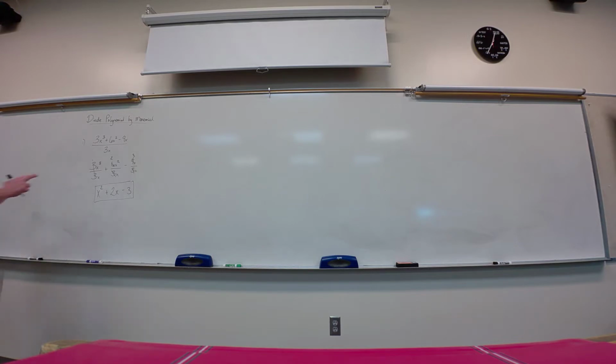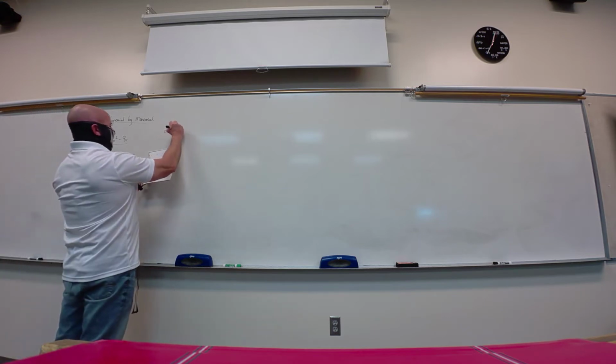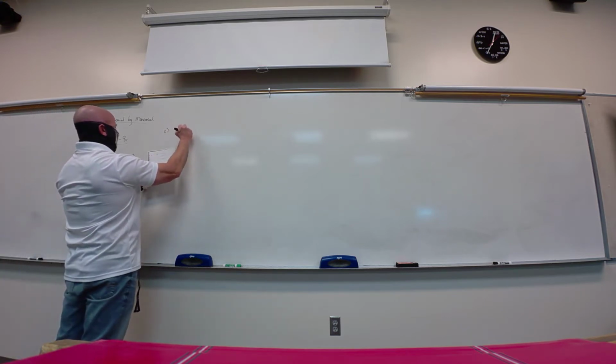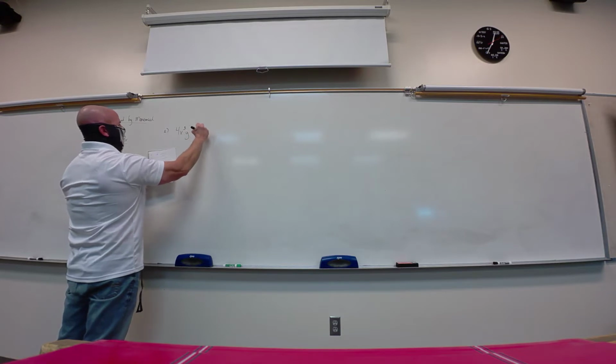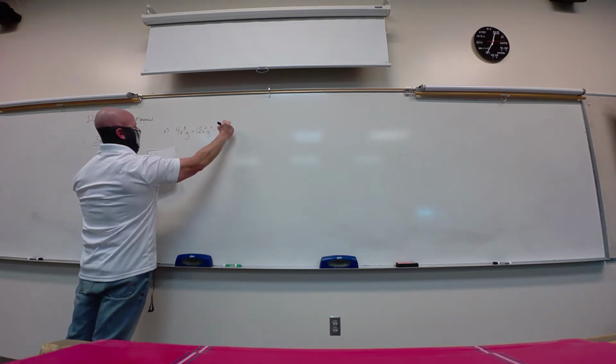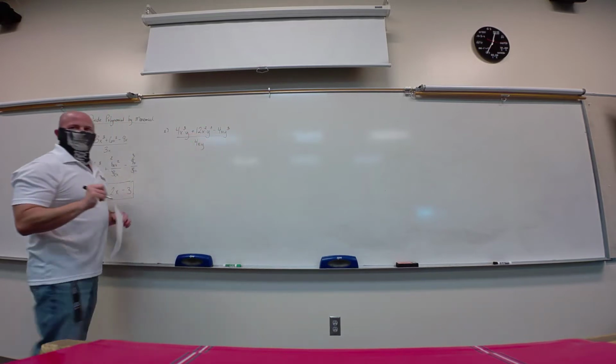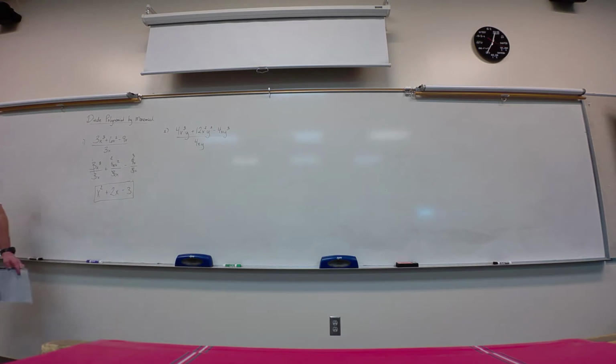Sometimes I think the separation is nice when we have more than one variable. So let's go like 4x cubed y plus 12x squared y squared minus 4xy cubed all over 4xy. Again, you can visualize that 4xy going into each one, but sometimes it is nice to see the separation because you've got more than just a number and one letter.